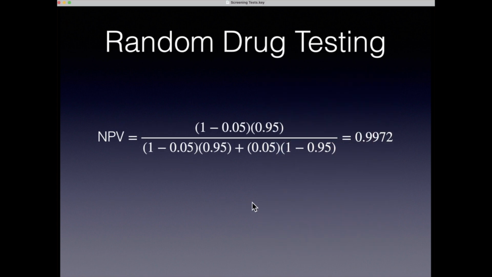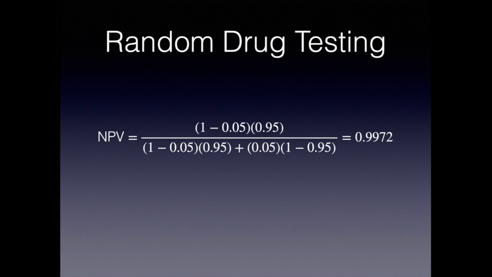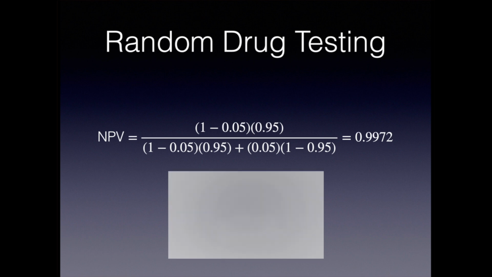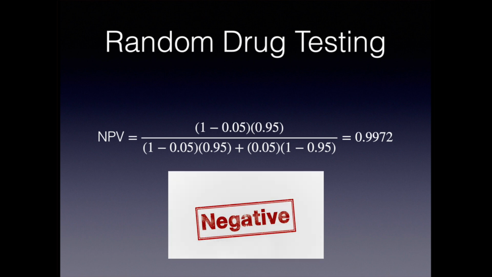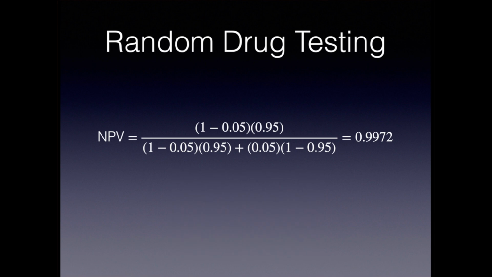Now, if the test had come back negative, let's suppose that we randomly select somebody, have them do the drug test, and the test comes back negative, then what can we decide based on that? Well, we would need to calculate the negative predictive value, which again is the conditional probability that the person does not use the drug, given that their test came back negative.